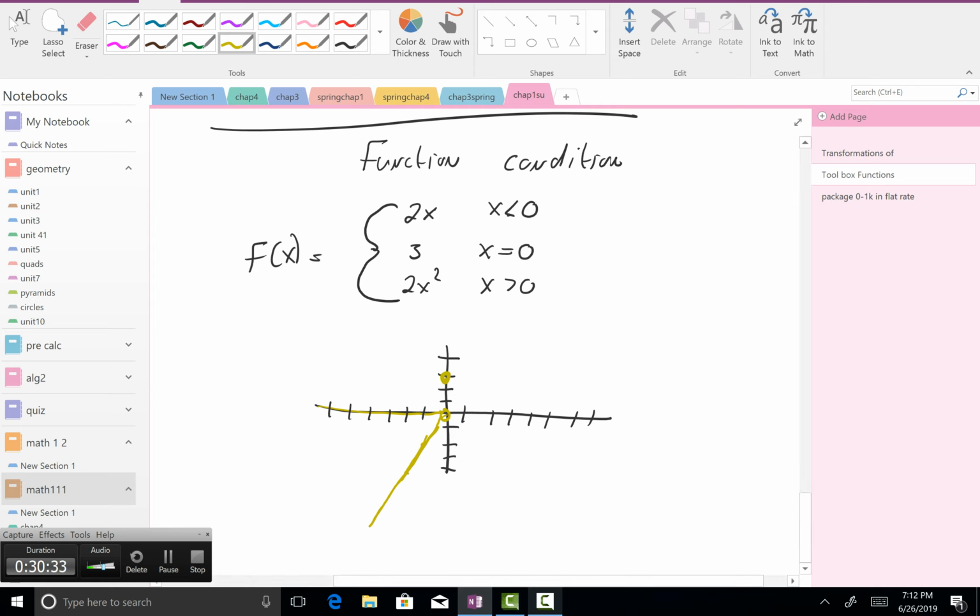So that's what that looks like. It's a piecewise function. Is it continuous? No, because we have to lift our pencil, do that, and then come back down. Some piecewise functions are continuous, some are not.